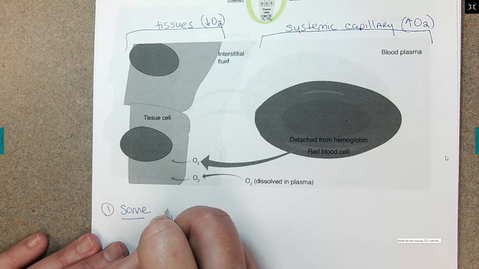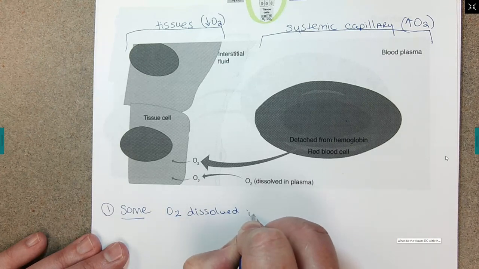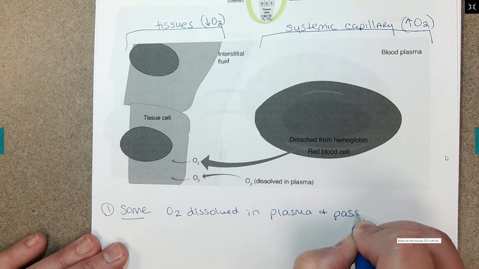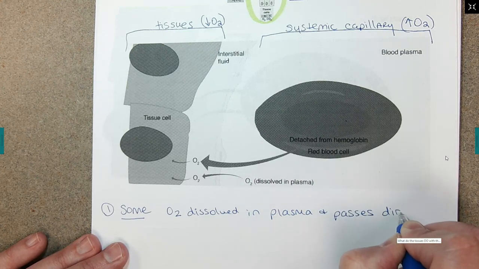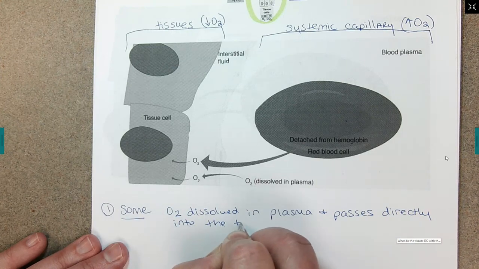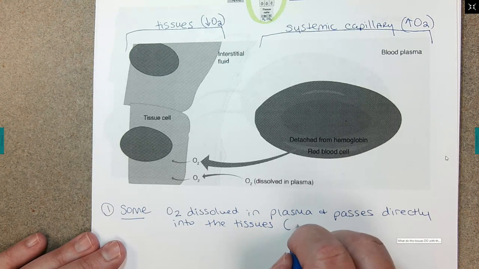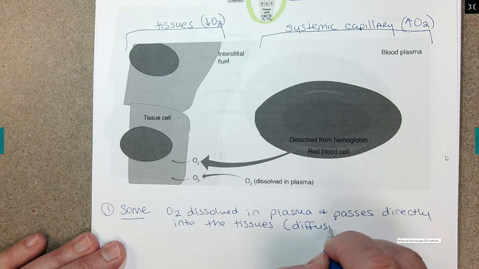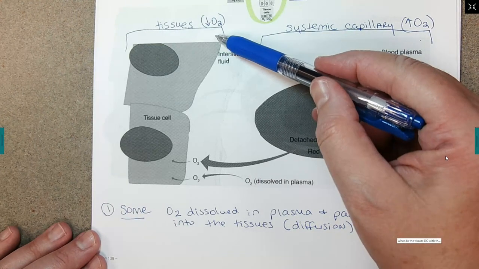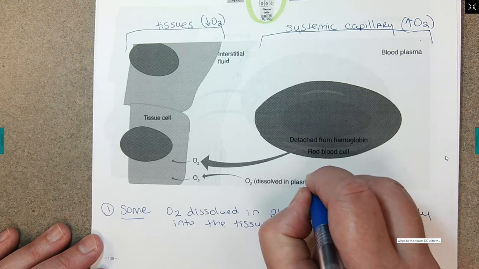So some of the oxygen is dissolved in the plasma and passes directly into the tissues. Keep in mind, this is just going to be straight diffusion, because it's going from an area of high oxygen concentration to an area of low oxygen concentration. So this right here is number 1.